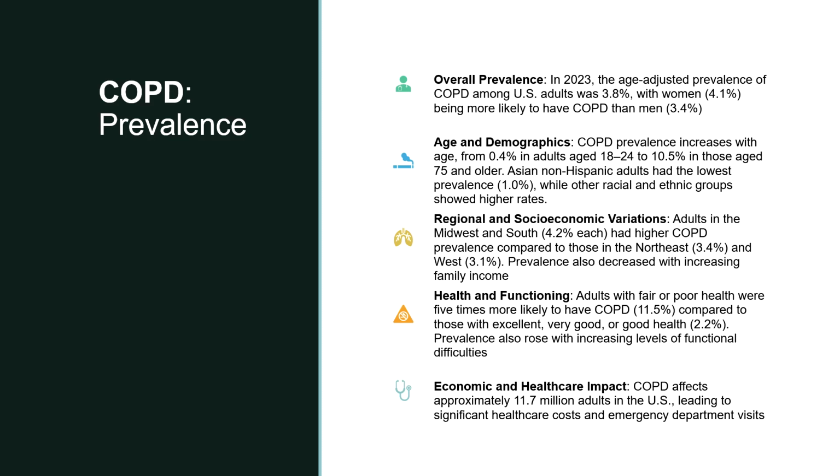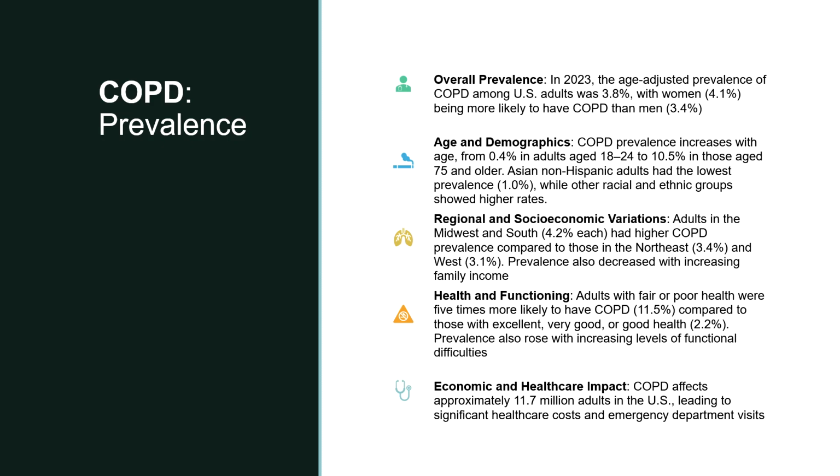Let's talk about the prevalence of COPD. COPD is a leading cause of morbidity and mortality worldwide. It's not just here in the United States; everywhere across the world, people have COPD. It affects approximately 390 million people globally, and there are significant variations in prevalence across regions.